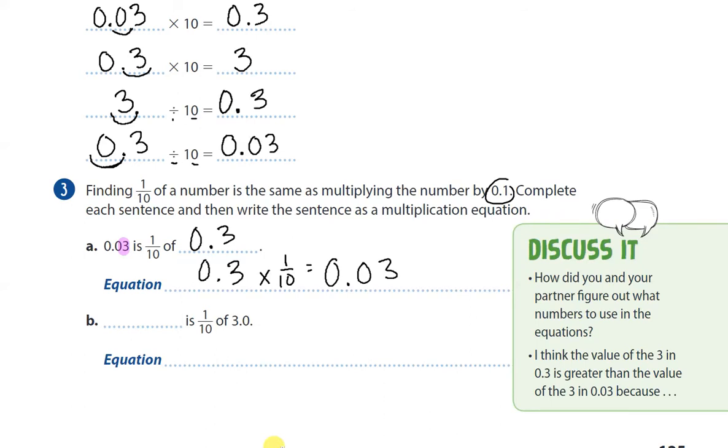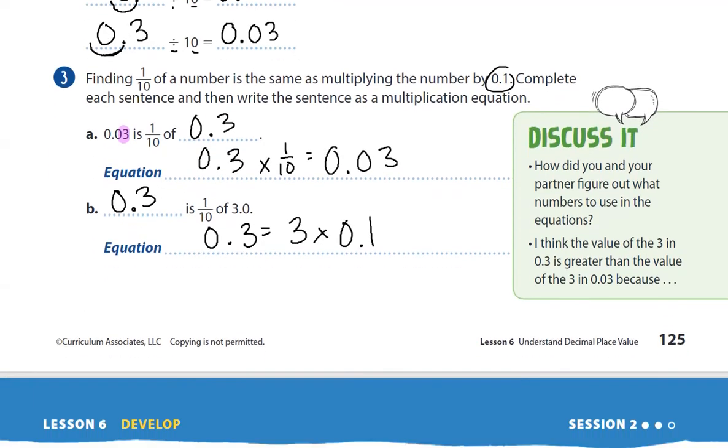Let's see, what is 1/10 of 3 now? 1/10 of 3. So 0.3 equals 3 times 1/10. And I'll write 1/10 the other way this time as a decimal. I can do it either way.